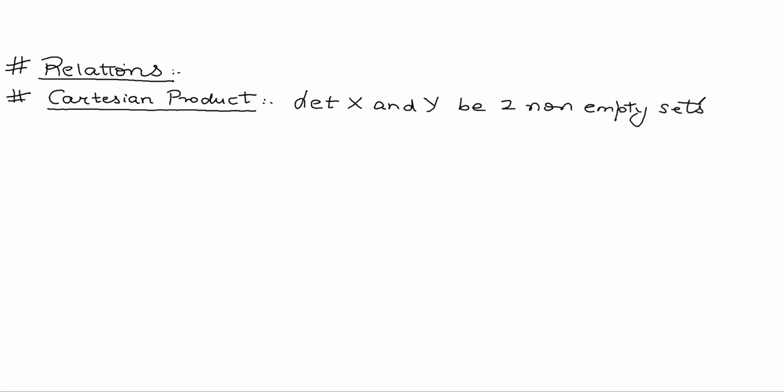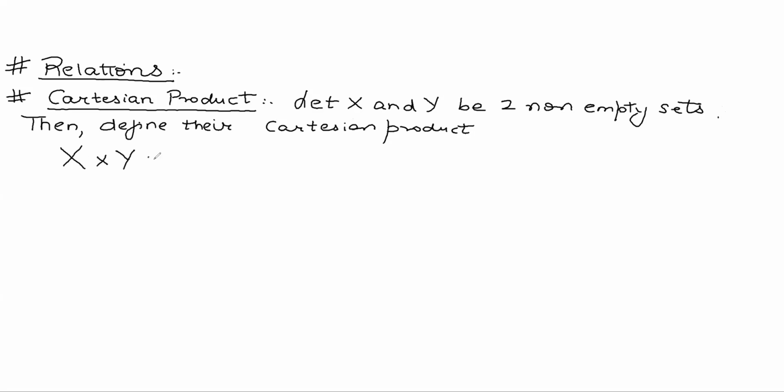Then define their Cartesian product X cross Y as the set of all ordered pairs small x and small y such that the element small x belongs to the set capital X and the element small y belongs to the set capital Y.